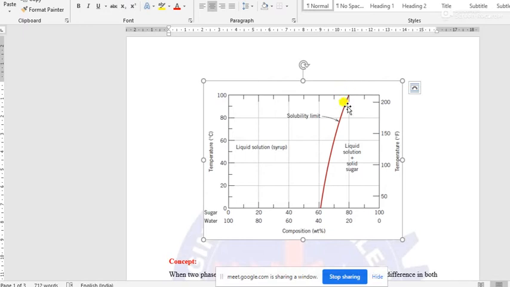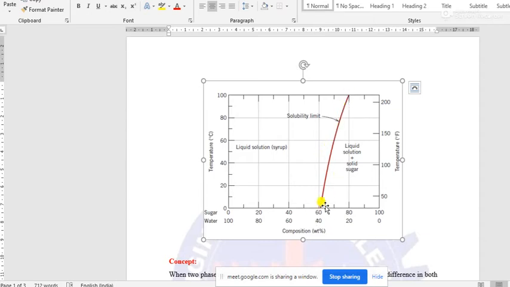solubility limit of sugar in a sugar water syrup. And obviously this is dependent on the temperature. In the y-axis, the temperature is represented, and obviously when temperature is increasing, the solubility limit also increases.